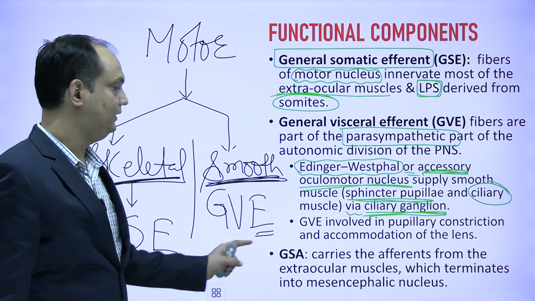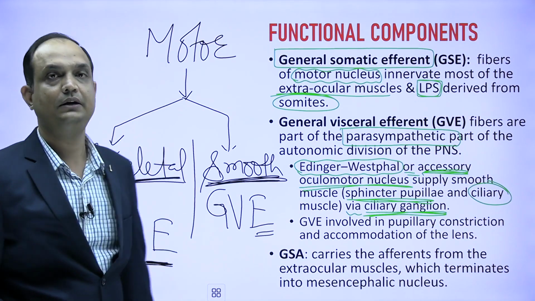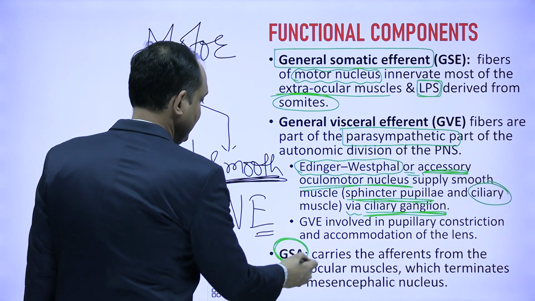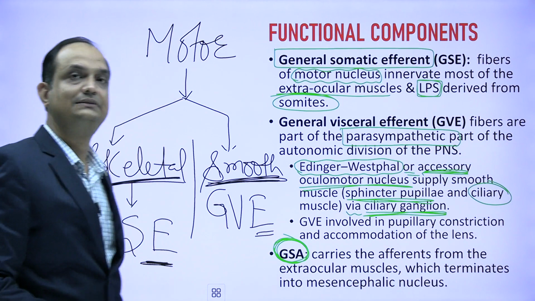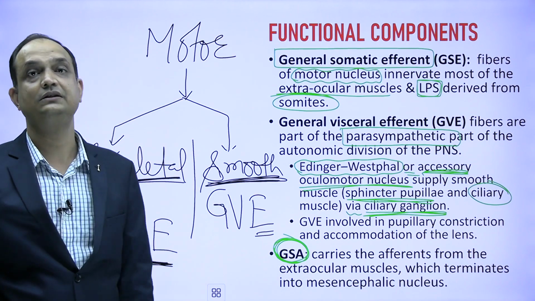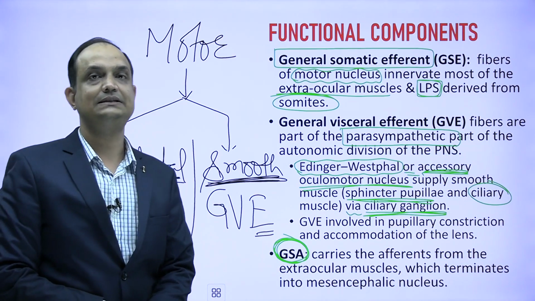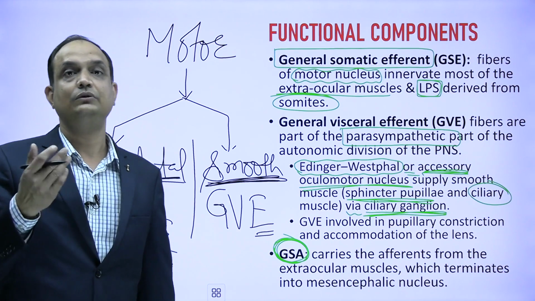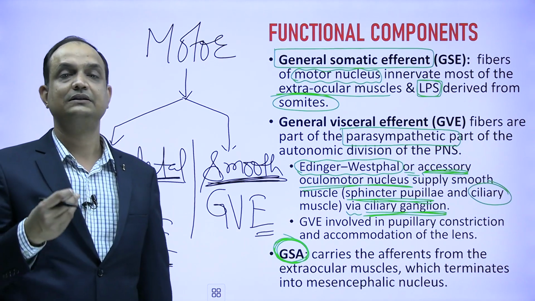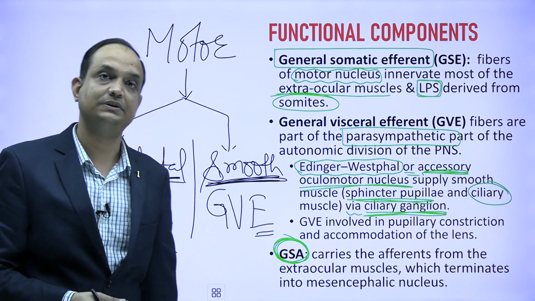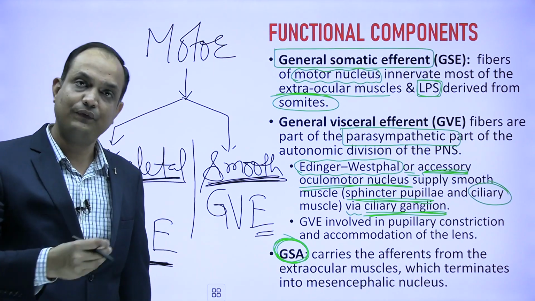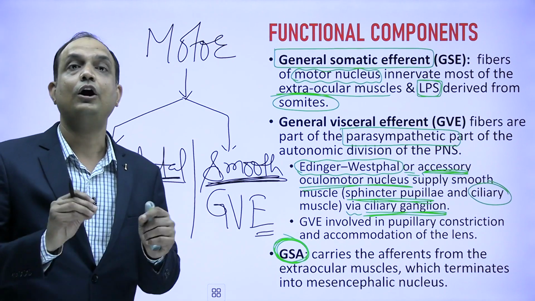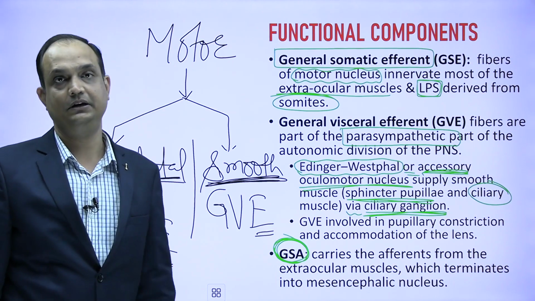There is one more functional component, and that is known as general somatic afferent. Now, some books say that this general somatic afferent carries proprioception from the extraocular muscles. These afferents of proprioception travel with the help of the ophthalmic branch of the trigeminal nerve.